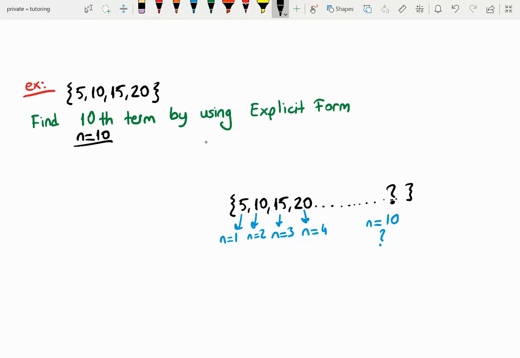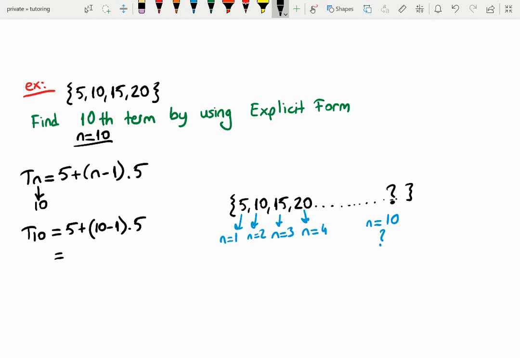It says by using explicit form. What was my explicit form? Tn equals 5 plus n minus 1 multiplied by 5. It was asking for the 10th term, so I'm going to use 10 for n. T10 equals 5 plus, I'm going to put 10 where I see n, 10 minus 1 multiplied by 5.